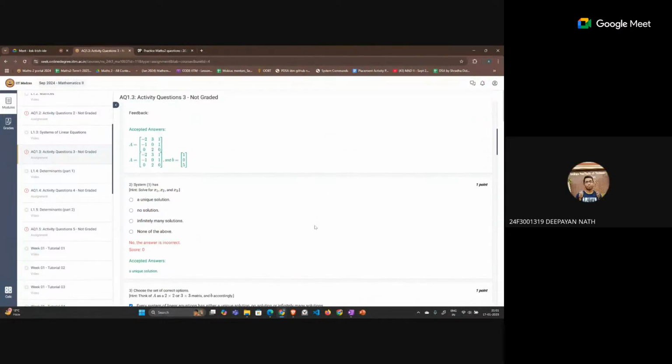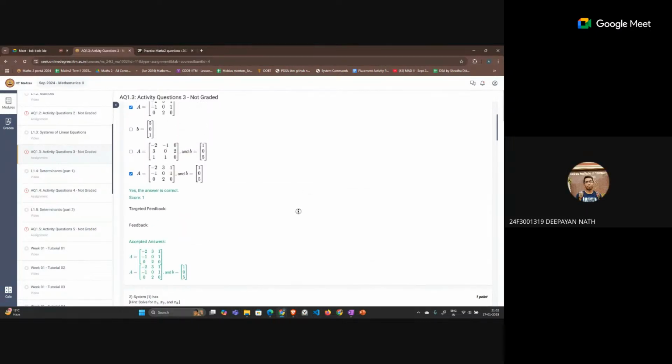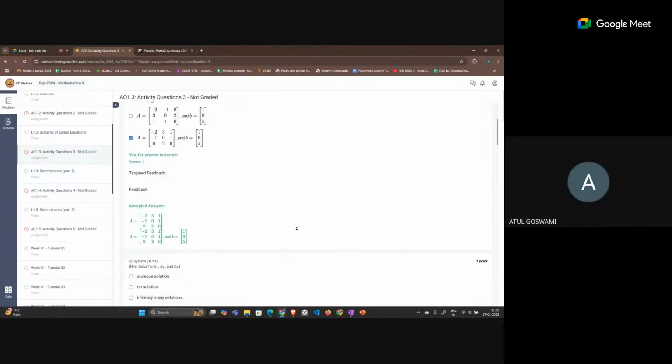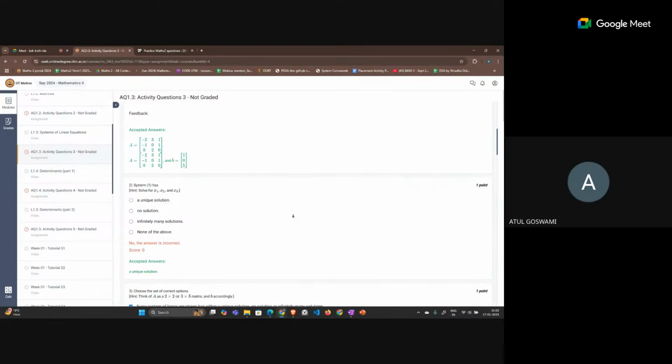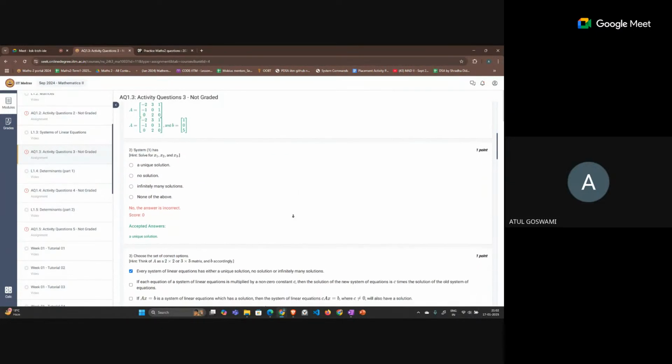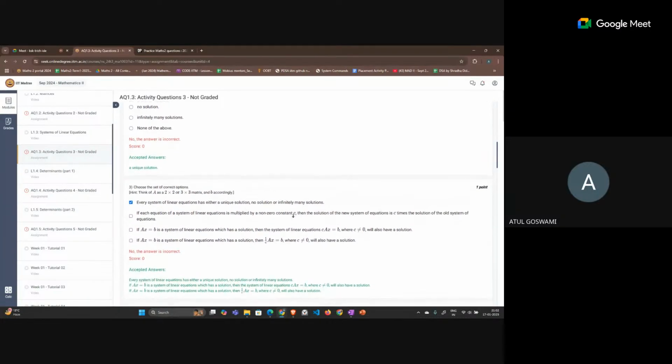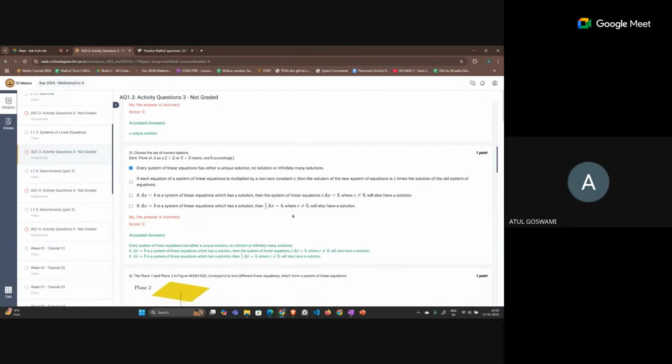Sir, what is the difference between number of solutions or no solution, many solutions, or unique solution? Unique solution means only one point is satisfying all the equations in that system, and infinitely many solutions means infinite points are satisfying.